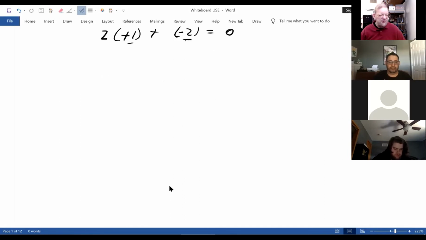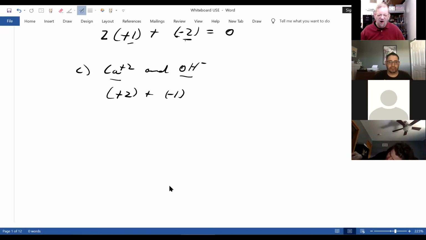Now, let's look at the following, and I'll do this one, then I'll let you have one. Now let's look at polyatomic ions. And again, what's the formula for the molecule formed with calcium +2, and this is the hydroxide -1. This is a +2, this is a -1. All molecules have a net zero charge.